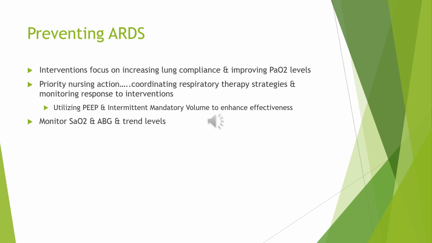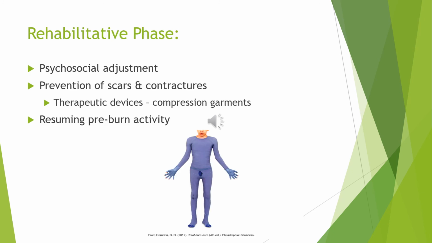And then we need to monitor our SaO2s and our ABG levels and make sure we are trending those, looking at the levels, how they're changing and what we're doing about them and if it's working.